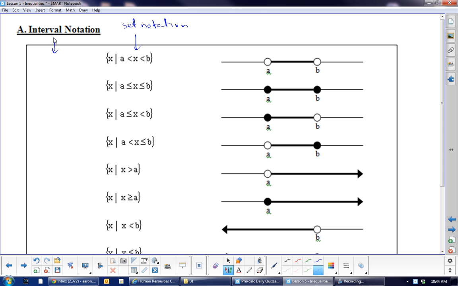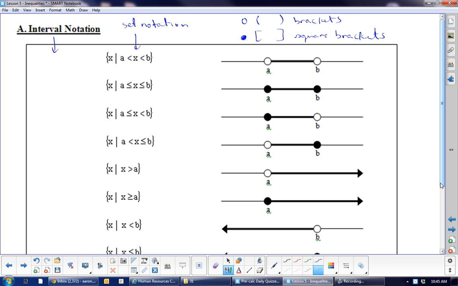Okay, so if you have an open circle, make sure that you're using curved brackets, right? And when it's filled in, because that means it also includes that point, we'll use the square. Okay, and again, that is 30-1 review, right?